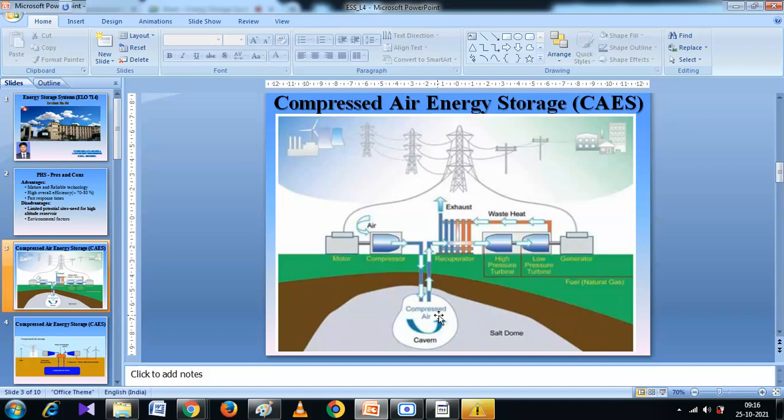At the time of peak demand, we take that compressed air and by the turbine generator set, we generate the electricity and supply the peak demand.